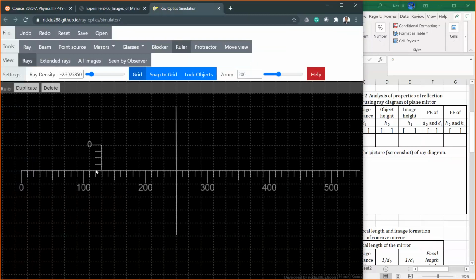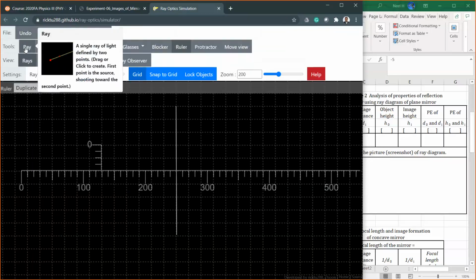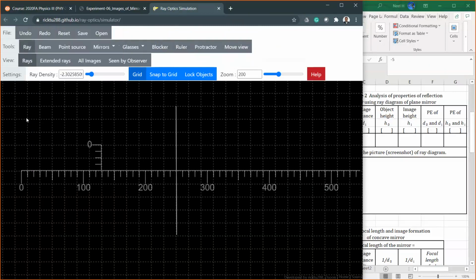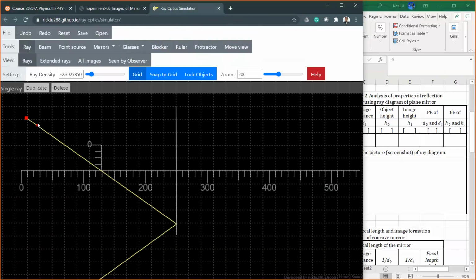Now I have to draw the ray diagram to identify the image on the other side. To do that, what we need is the rays, right? To create the rays, you have to click on the second menu bar line. You see the ray on the very left-hand side at the top. Click on that. Then if you click anywhere, you see that's the starting point of the ray, that red dot.